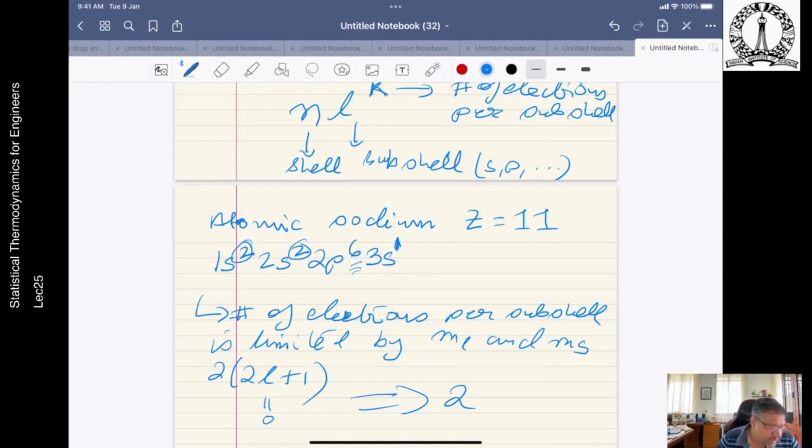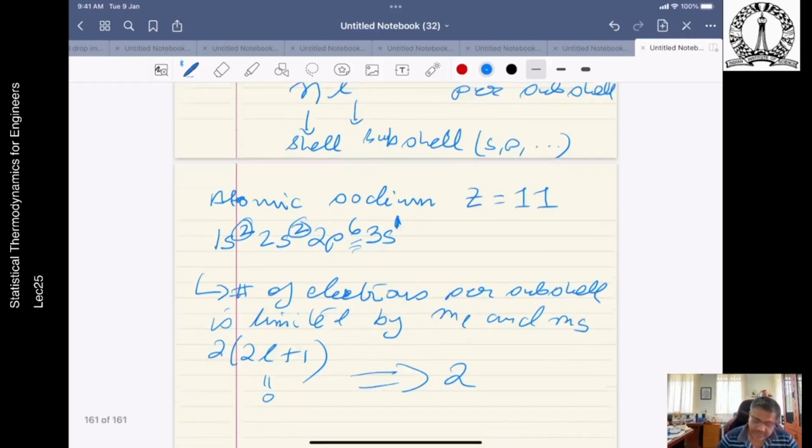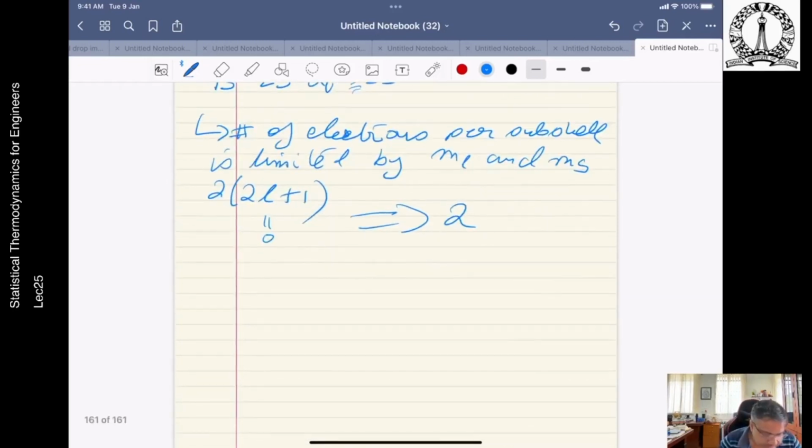In this particular way, you can basically do any kind of element. For example, let's take Z equal to 18, which is Ar. What will be the configuration over here? First you write 1s2, then 2s2, 2p6.